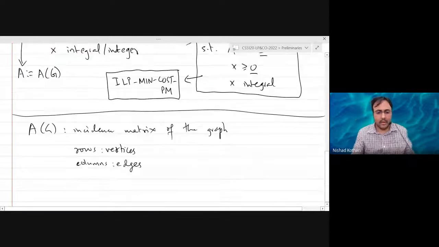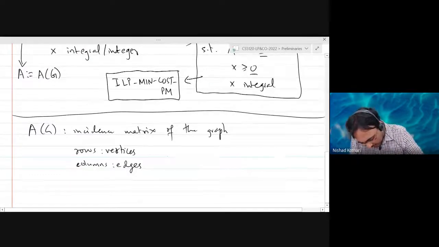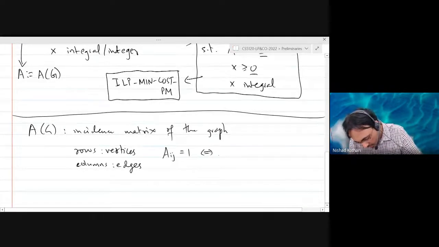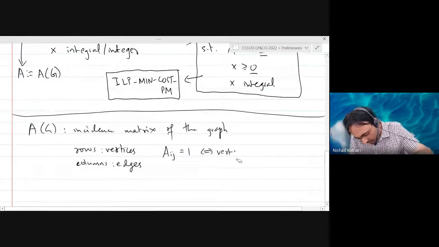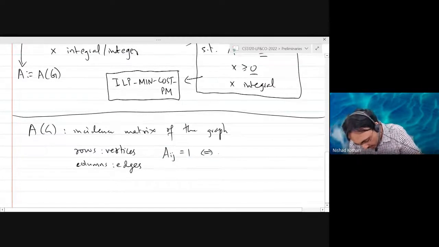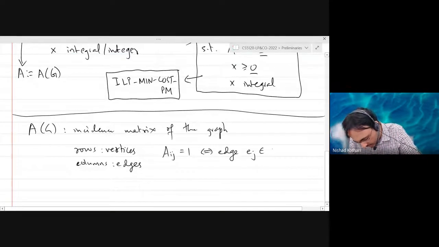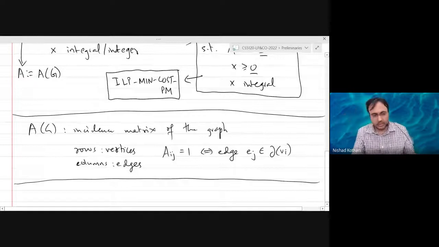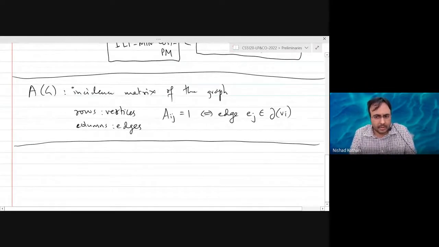Okay, and a i,j is equal to 1 if and only if, maybe I'll write in notation, edge ej is incident at vertex vi. Okay, cool. So we'll find this matrix to be quite useful for various problems we'll be studying during this course.